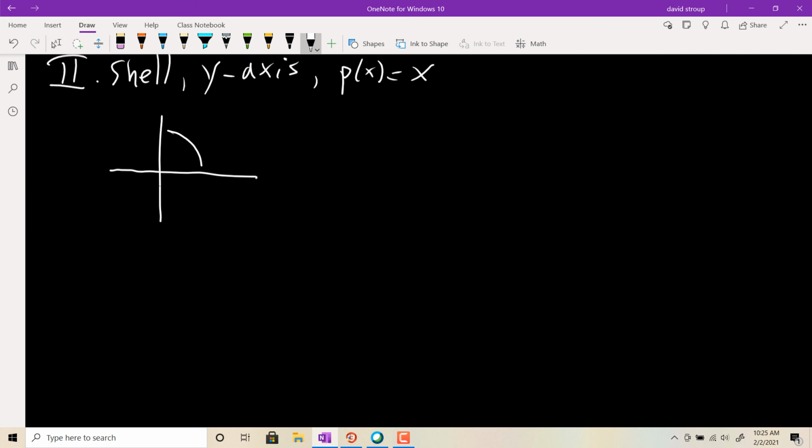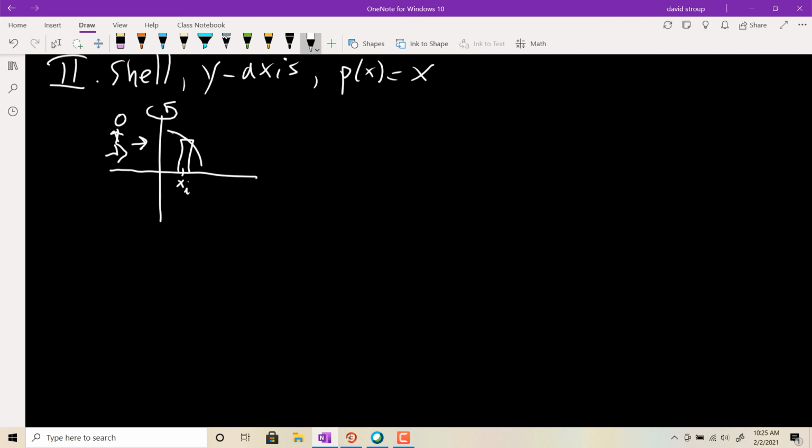So now you'll have some function like this, and the rectangles are parallel to the axis of rotation. Because the base is on the x-axis, the Riemann man is collecting in this orientation.